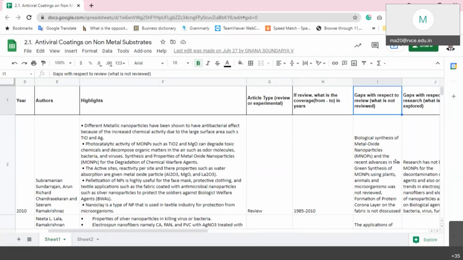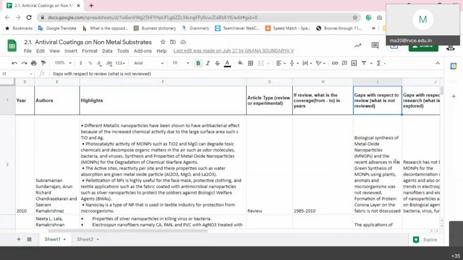We are talking only about the gap with respect to review, what is already being reviewed. It is not a research gap. You need to clearly understand the difference between the research gap and the review gap. We have not gone to the research gap yet. We are just talking about the review gap, meaning there is a lot of information available.